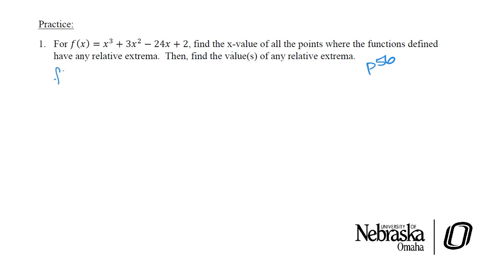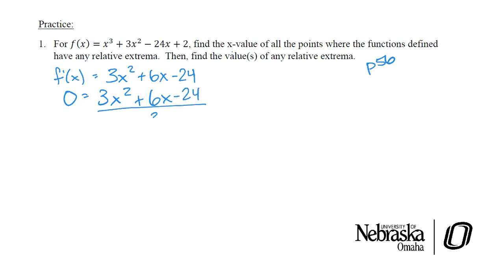If we look at the derivative, we get 3x squared plus 6x minus 24. Now we notice that all of these terms are divisible by 3. But first, I guess we have to set our derivative equal to 0. I'm getting ahead of myself. They're all divisible by 3, so we can divide both sides by 3, getting x squared plus 2x minus 8.